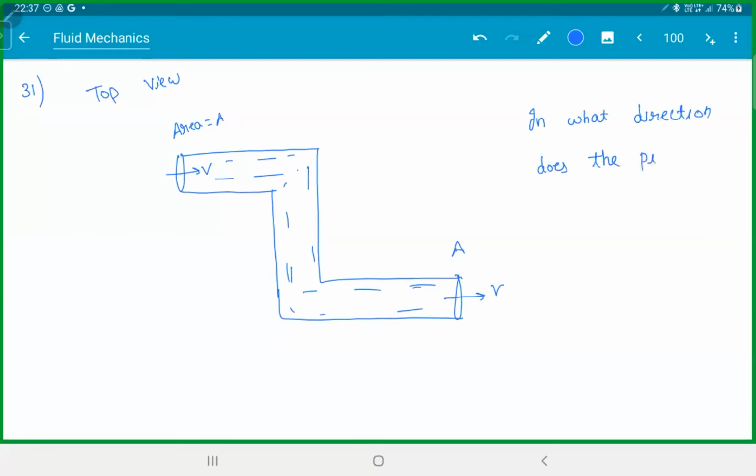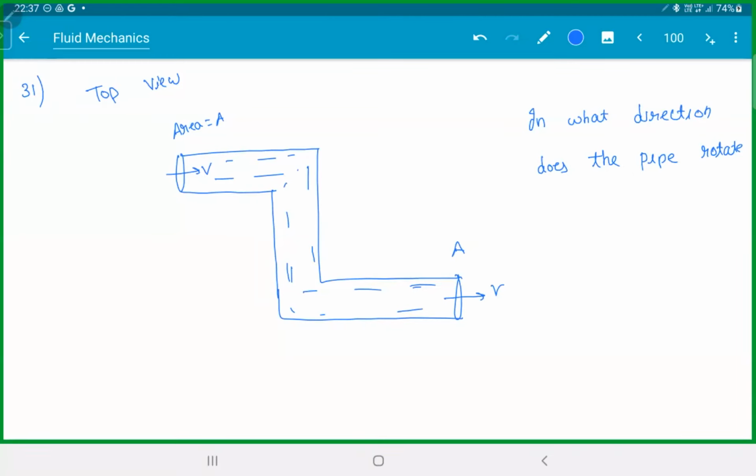The liquid is entering and leaving from a Z-shaped pipe here. So when the liquid enters and leaves like this, something happens. The pipe will start rotating, and the pipe. Sir, anti-clockwise. Okay.